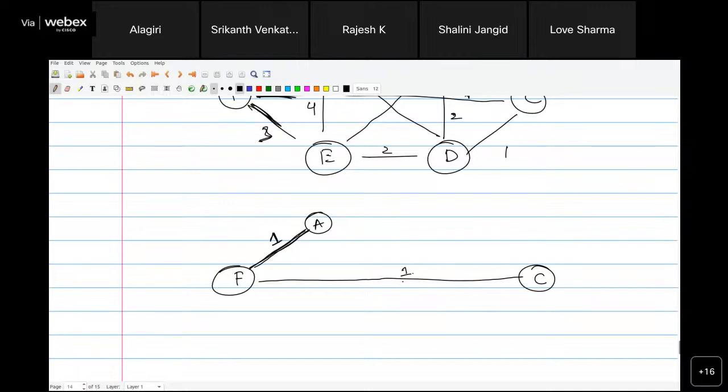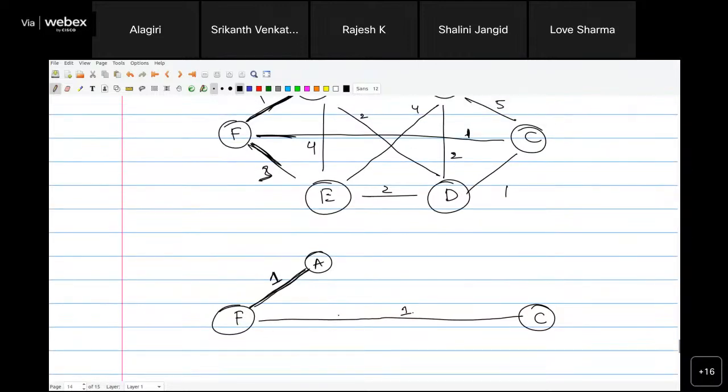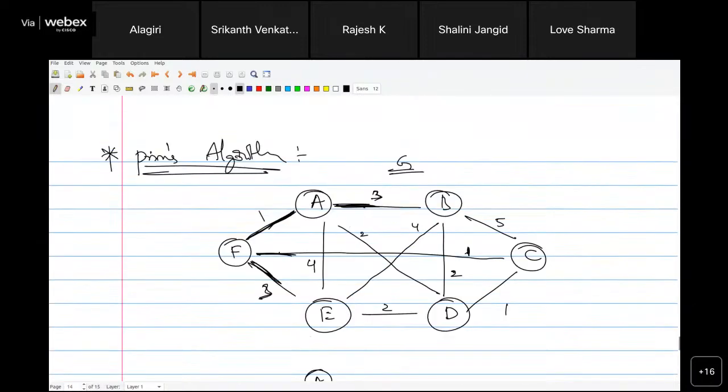Okay. Now consider these 2 edges and look in the graph. Whatever edges are adjacent to any one of these edges and also having the least weight. So you see this edge has this and this edges as adjacent, and this edge has this edge as adjacent.